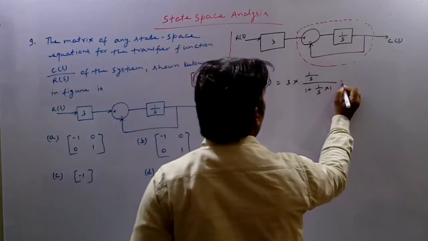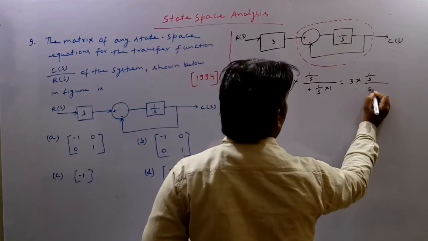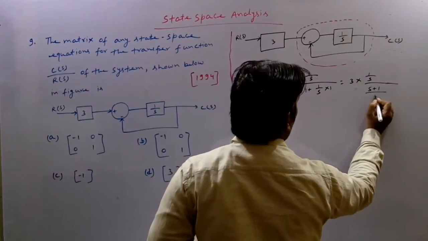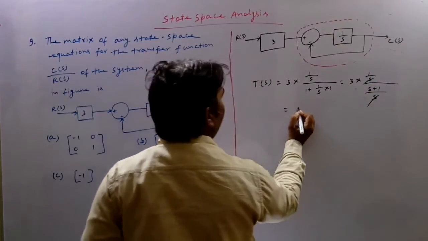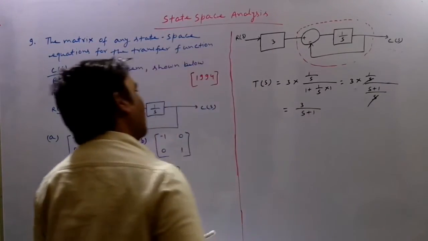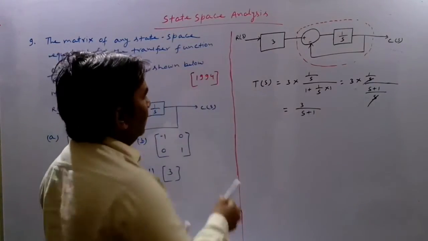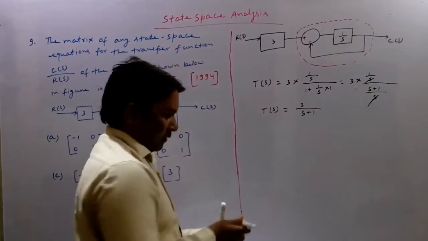Now we can write from here 3 into (1 by s) divided by (s plus 1) by s. So s and s get cancelled out. Now we get 3 by s plus 1. Now T(s) equal to 3 divided by s plus 1.